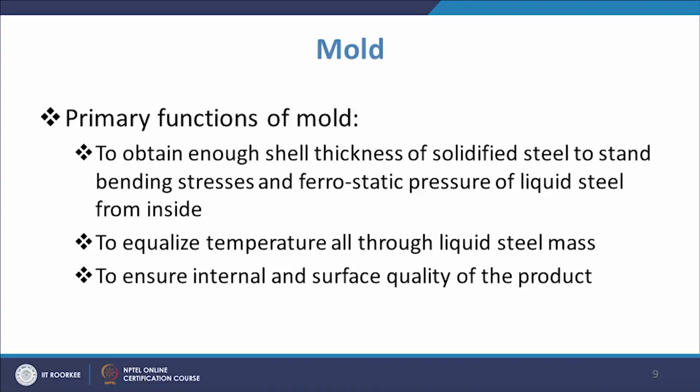What we see nowadays is that the mold is somewhat curved. So you will have the bending stresses, and also the ferrostatic pressure of the liquid steel. So the shell thickness which should be achieved at the exit point of the mold, that is your primary cooling zone, must be adequate to stand the bending stresses as well as the ferrostatic pressure of the liquid from inside.